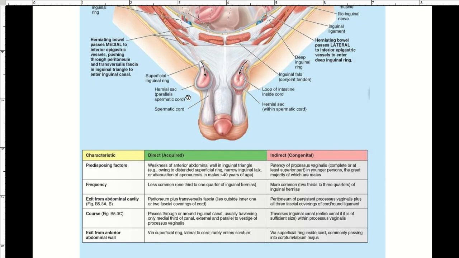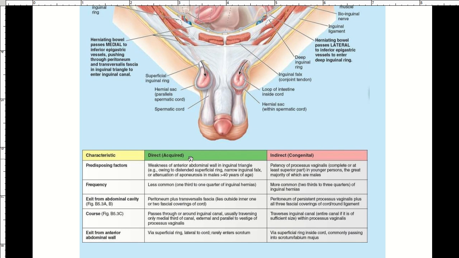So let's look at this table and compare direct and indirect. The first thing to understand: direct is acquired, indirect is congenital, mainly due to failure of obliteration of the processus vaginalis. These are the predisposing factors.